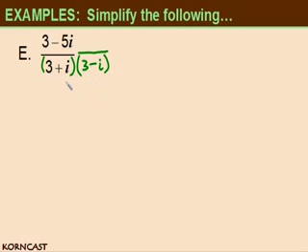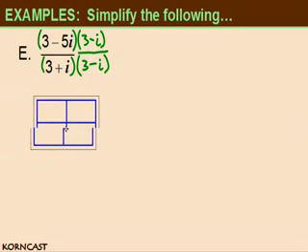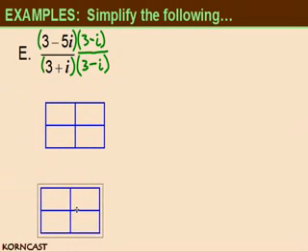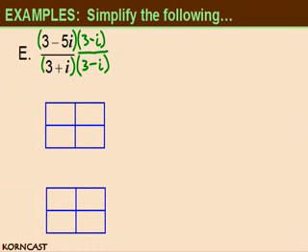Now I can't just multiply the denominator by 3 minus i. I must also multiply the numerator by 3 minus i, again, because I need to multiply by 1. Just like last time, I'm going to multiply using the area model. So in my numerator, I'm going to multiply 3 minus 5i times 3 minus i. 3 times 3 is 9. 3 times negative 5i is negative 15i.